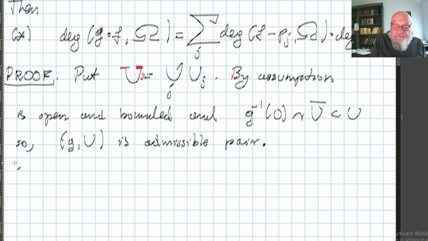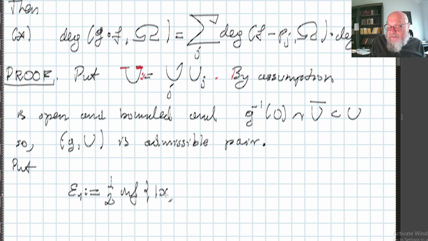So let's continue. We put several numbers. Let's define the first number. By definition, it will be 1/2 of the infimum of the norm of x minus y, where x belongs to the boundary of U, and y belongs to G minus 1 of 0 intersection U, which is inside.